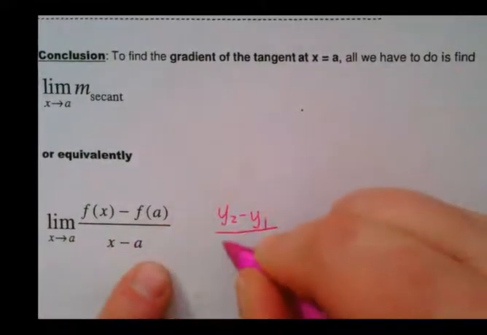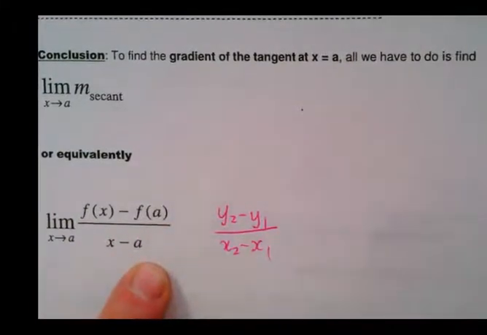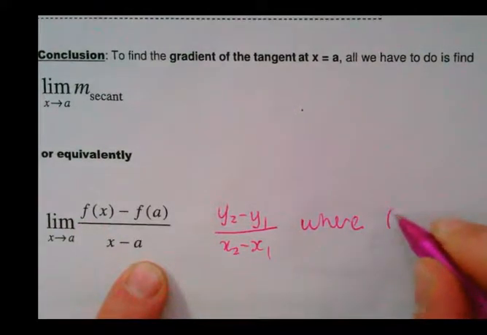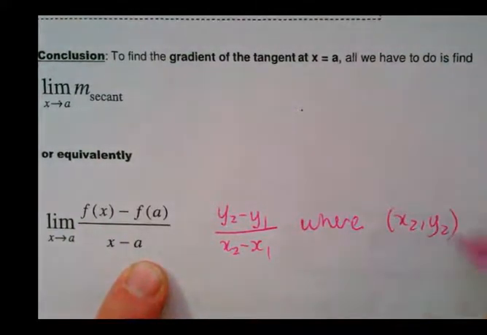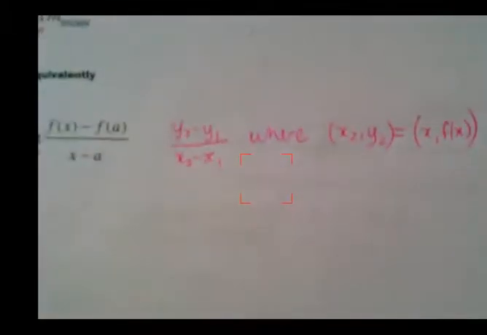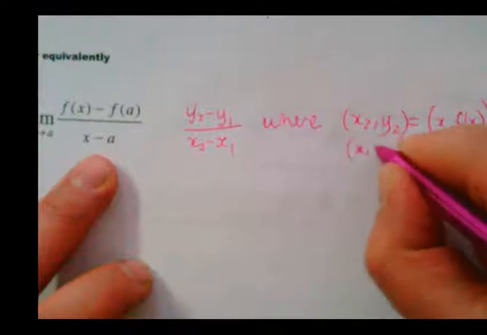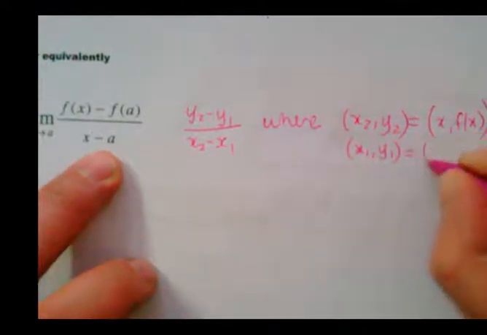And this x minus A is just x2 minus x1, where x2, y2 happens to be the point x, function of x, right? And so that's just a gradient formula with a limit.